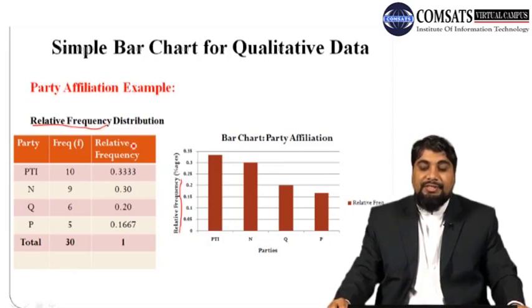Now the method of making the bar chart of relative frequencies is the same as for the simple frequency bar chart. On the x-axis write the parties PTI, PMLN, PMLQ and PPP. On the y-axis just put the relative frequency: 0.05, 0.1, 0.15 and 0.35.